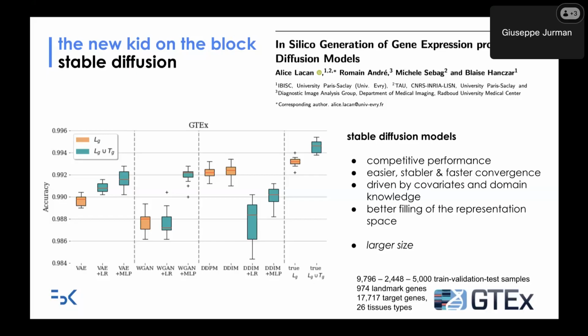And they have the property of filling better the whole representation space, so essentially being more promising in terms of diversity of the generated data. Clearly, they need a larger size of the starting dataset, and that can be a restraining factor for using them in all situations, as we observed before.